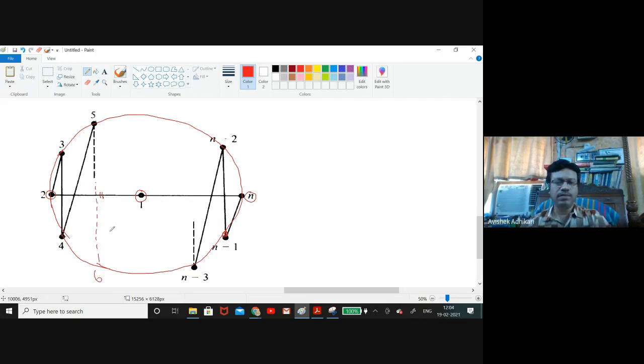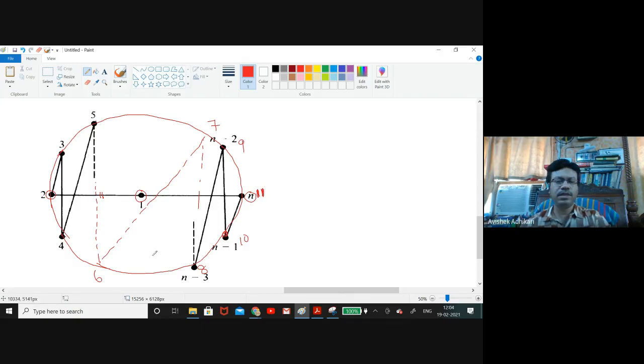Suppose I have 7 here, then I put 8 here. Then I put 9 here, 10 here, and 11 here. So n is odd, that means a total of 11 vertices are there.